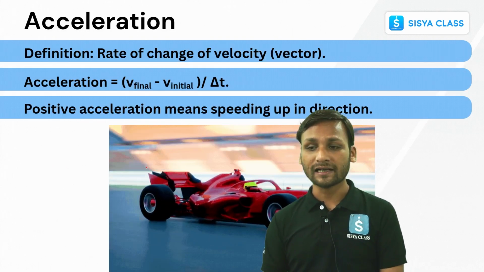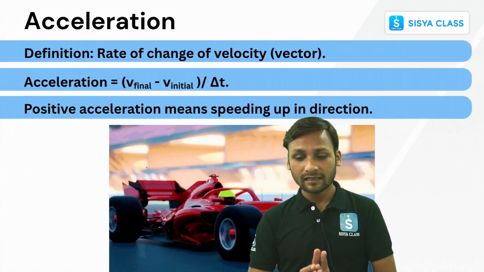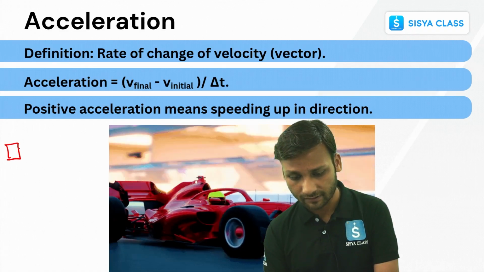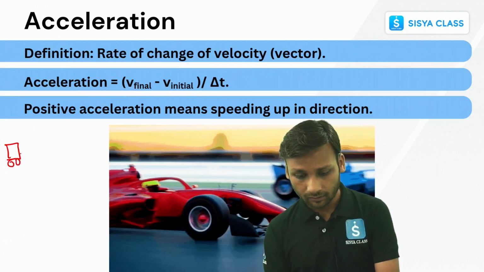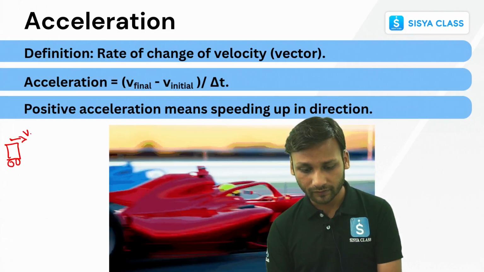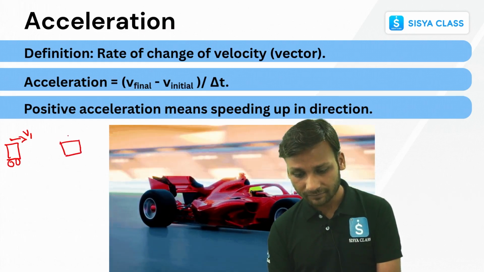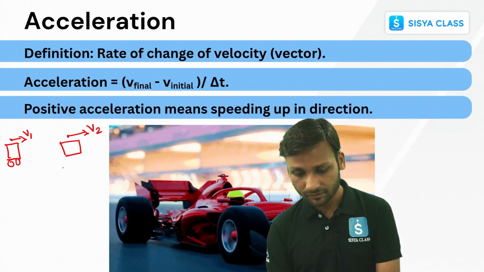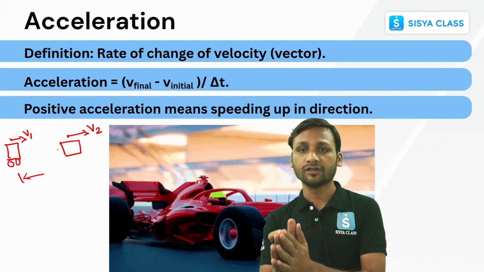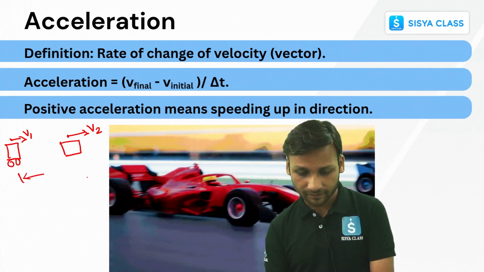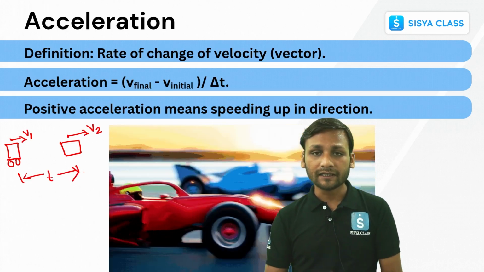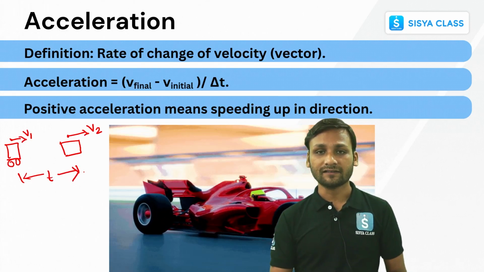Now let's talk about acceleration. What is acceleration? Let's take a quick example. Let's say there is a car. Initially, it is moving with velocity v1, and after some time, its velocity becomes v2. The time it has taken to change its velocity from v1 to v2 is, let's say, t. The rate of change of velocity is called acceleration.